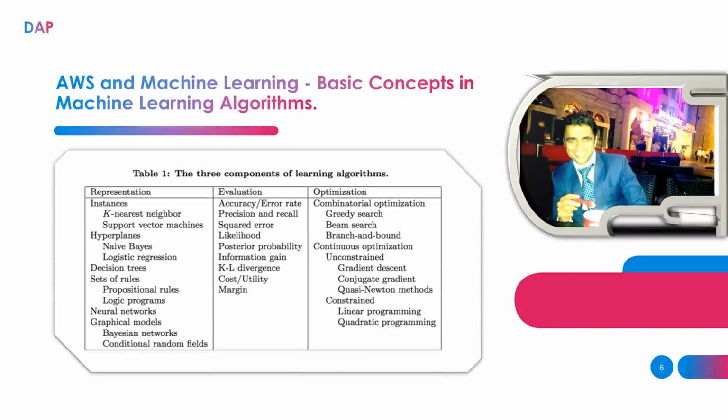So the three main components of learning algorithms, as I said, are representation, evaluation, and optimization. Have a look at the representation column, where I've given a few examples, then the evaluation column, with a few examples there, and the optimization column with a few examples there.